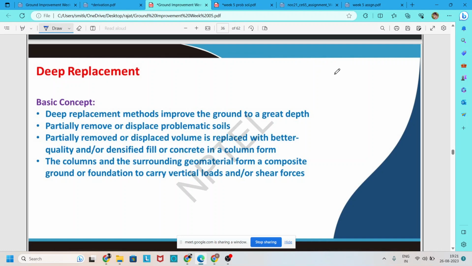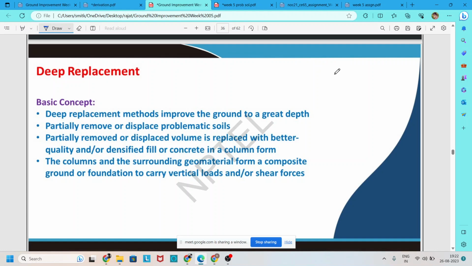The deep replacement method is also similar to the hydrocompaction method, and it is applied for a great depth, like 20 to 40 meters.